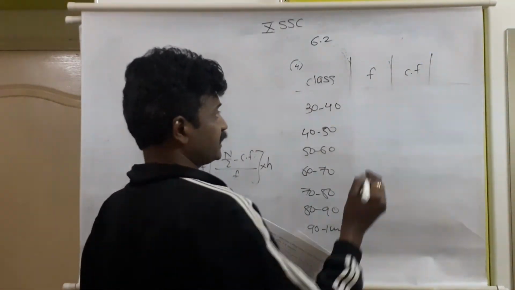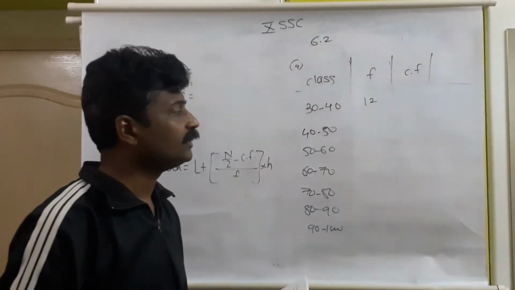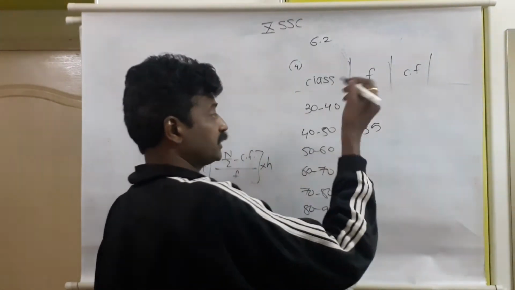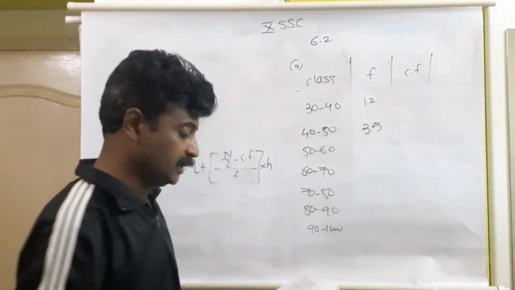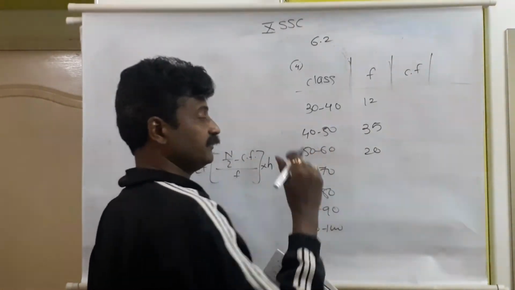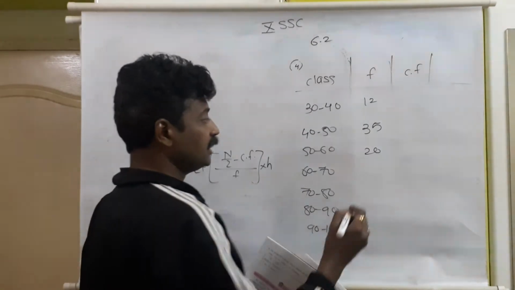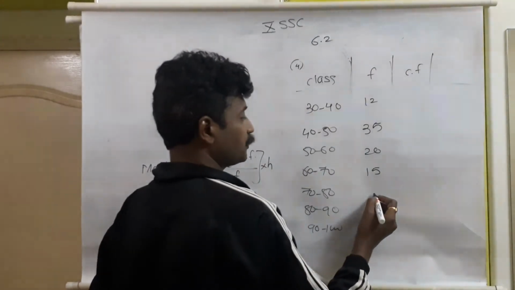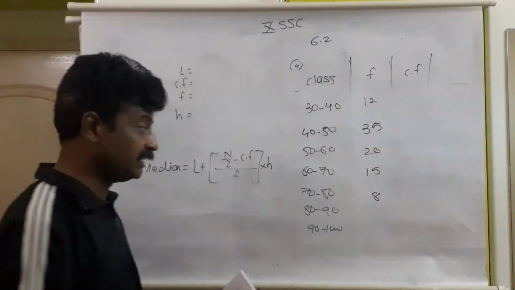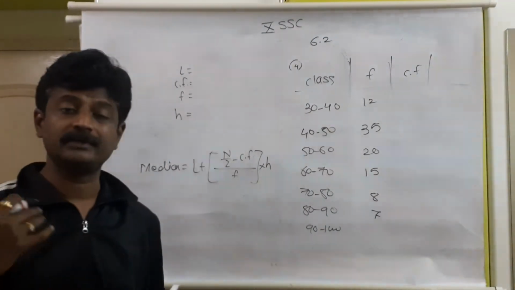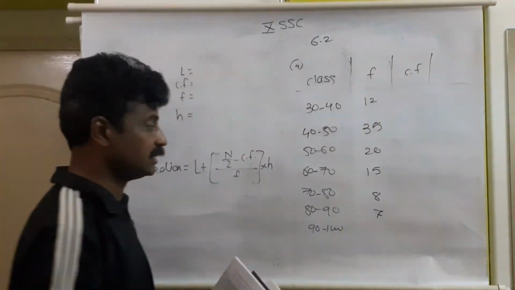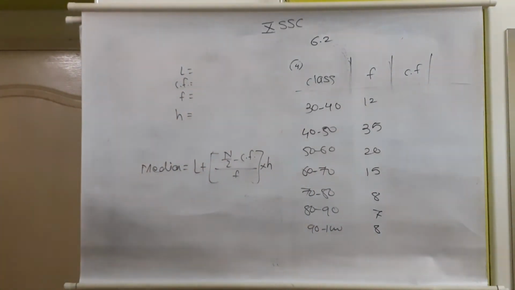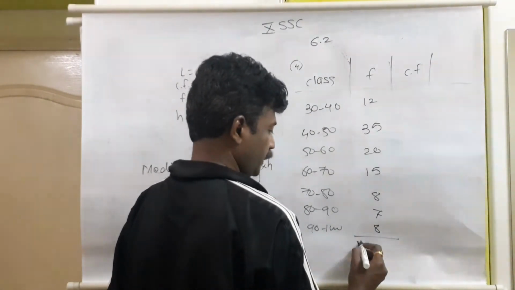Now the number of factories: 12 factories produce 30,000 to 40,000 bulbs. 35 factories produce 40,000 to 50,000 bulbs. 20 factories produce between 50,000 to 60,000. 15 companies produce 60,000 to 70,000 bulbs. 8 companies produce 70 to 80,000. 7 companies produce 80,000 to 90,000 bulbs, and 8 companies produce 90,000 till 100,000 bulbs.